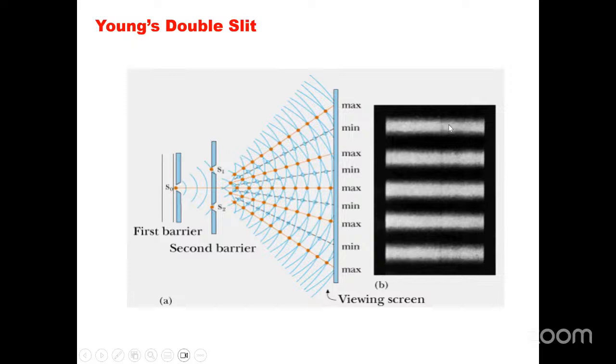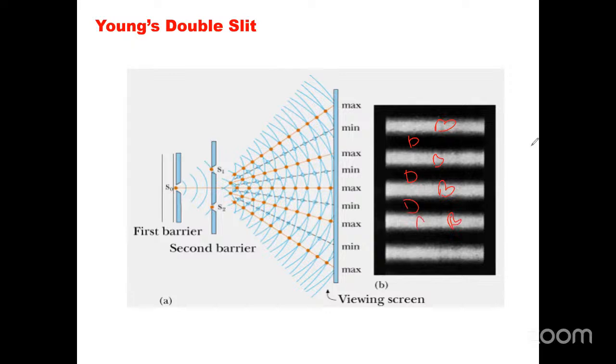So here, what is in the figure? Here, this one on the right side. This is the bright. Immediately dark, bright. See here. This is bright, dark, bright, dark, bright, dark. Is it clear?